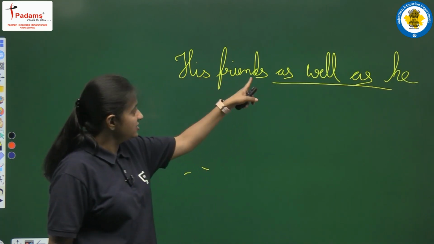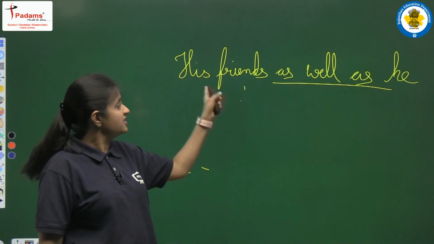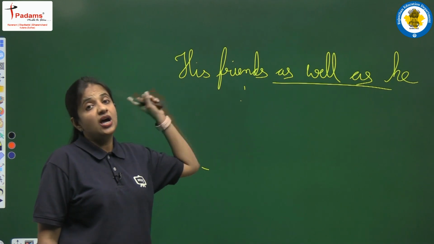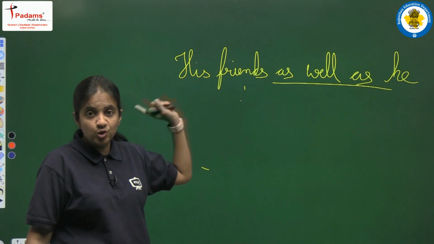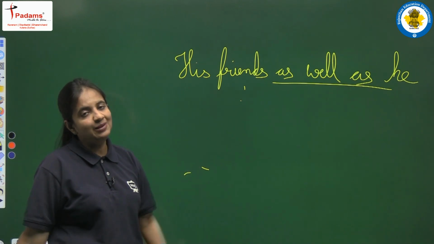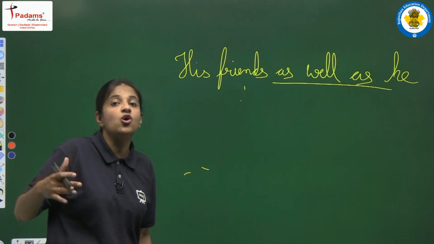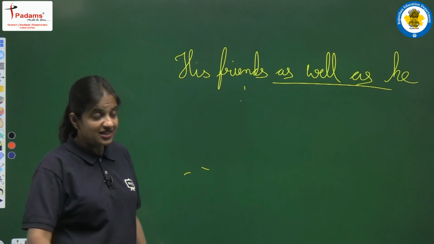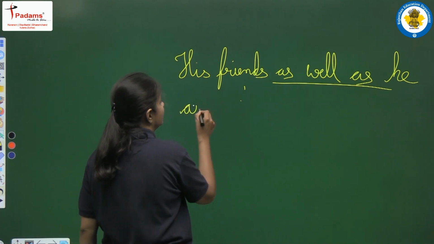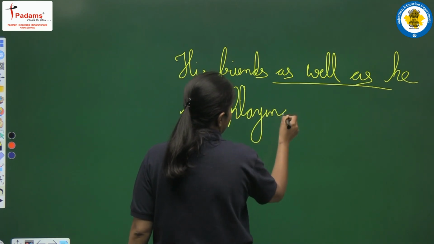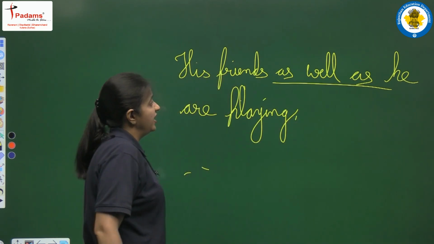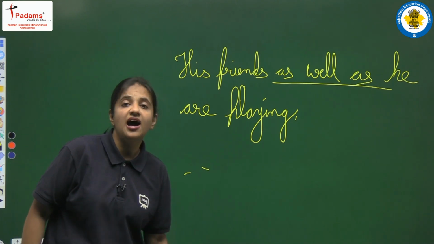It means the first subject is now his friends, a plural subject in the beginning. So what will be the helping verb, is or are? Yes, we have to write are here. Are playing. So now the sentence will be his friends as well as he are playing.